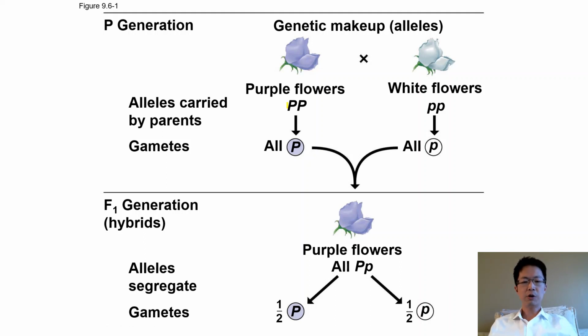So purebred parent, their alleles are capital P. We call it homozygous dominant here. So the purple flower is actually the dominant trait, dominant phenotype. So it is homozygous.